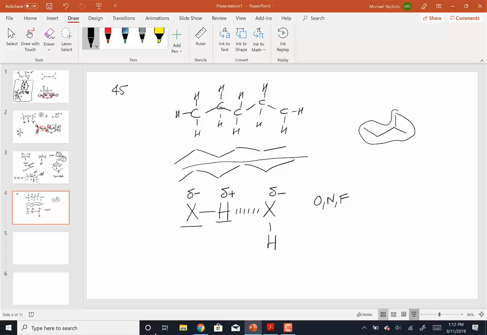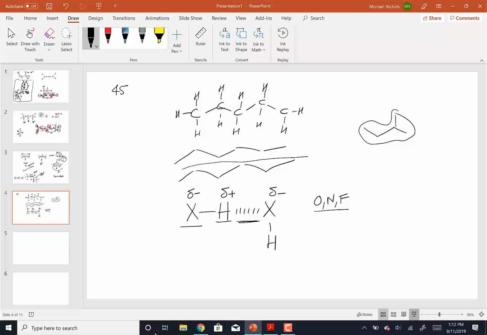So when you attach those three electronegative elements to a hydrogen, they're very delta minus, and the hydrogen is as delta plus as it's going to get. And so that leads to a very strong Coulombic attraction. So that's why it's O, N, and F.